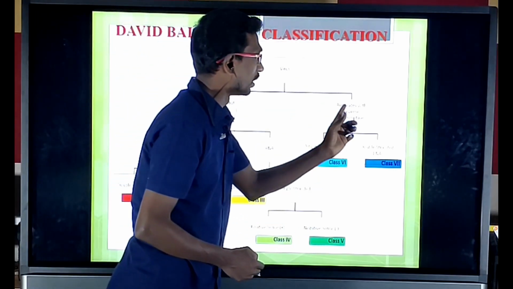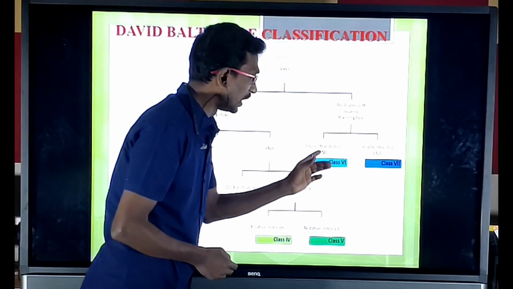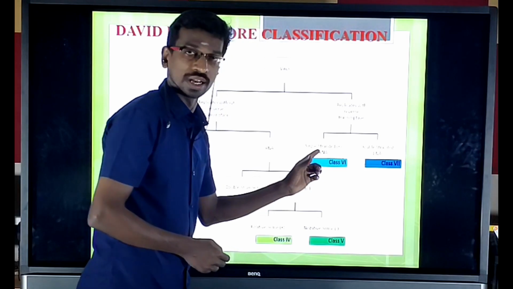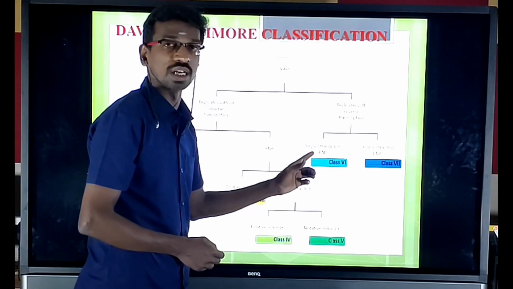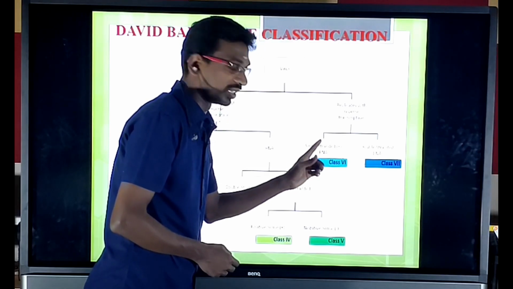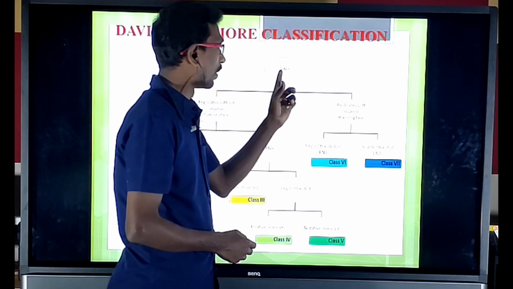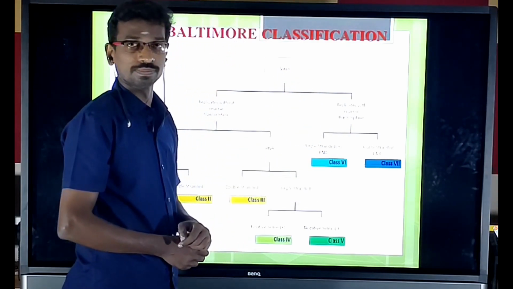And then those that replicate with reverse transcriptase: mostly single stranded sense RNA. So ssRNA with sense, using reverse transcriptase, comes under class 6.